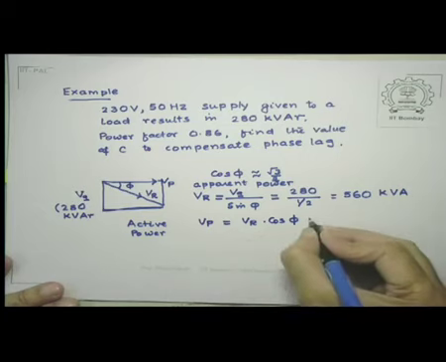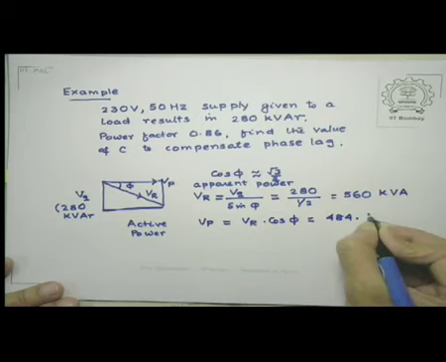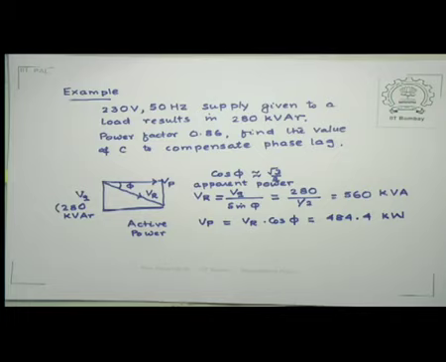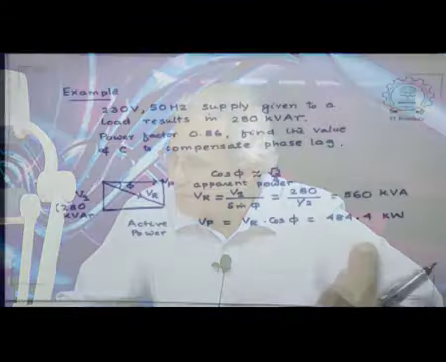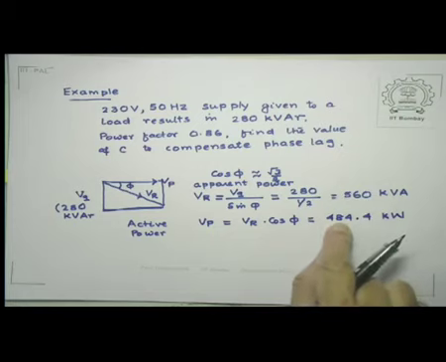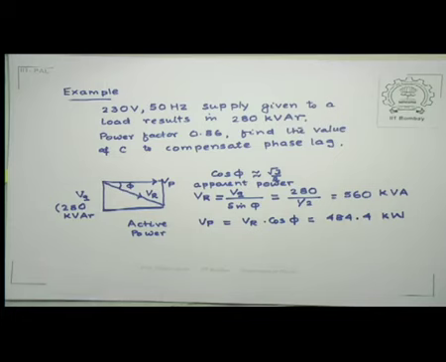So if you compute this, it is 484.4, and this of course is proper, since it's a true power, it's in kilowatt. Now, what does power factor of 1 imply? Power factor of 1 implies that the apparent power should also be equal to 484.4 kilovolt ampere.